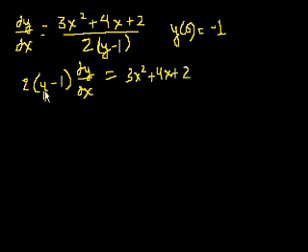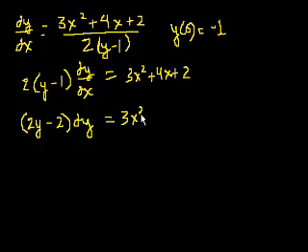You get, and I can multiply this one out too, 2y minus 2, that's just this, dy. I multiplied both sides times dx, so that equals 3x squared plus 4x plus 2 dx. I have separated the equations. I've separated the independent from the dependent variable and their relative differentials.